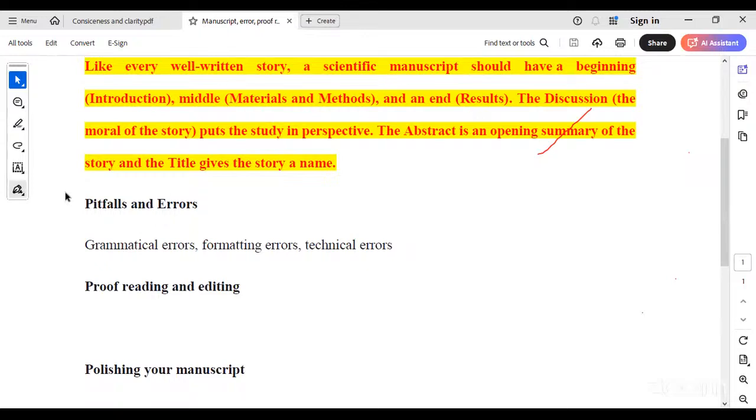This is a very important point: pitfalls and errors, grammatical errors, formatting errors, and now the technical errors. Every specific field has some kind of technical protocols, so we have to follow them. Technical errors may relate to issues in the technical aspect of a document, project, or system.